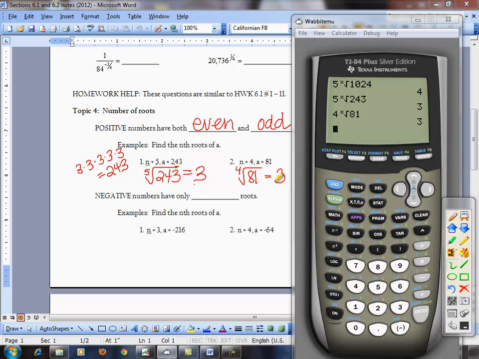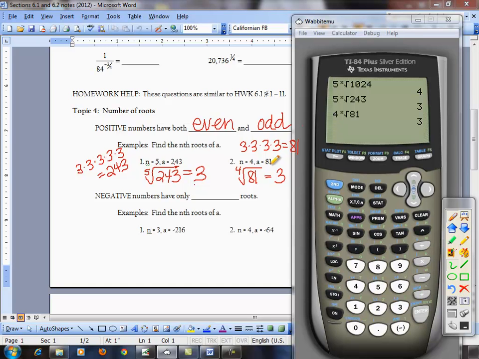What that says is if I take 3 and multiply it 4 times, I should get 81. So I'm basically working backwards and saying what to the 4th power gives me 81. So we're going back a little bit differently in chapter 5.